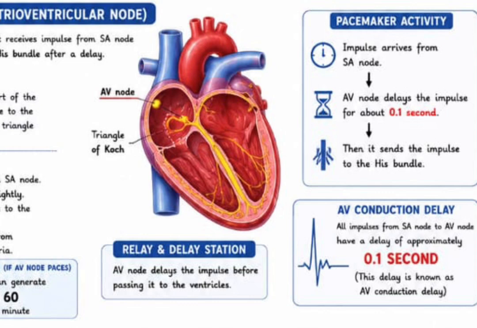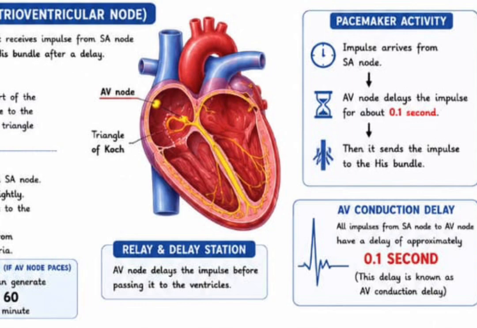So that 0.1 second is called AV nodal delay, which prevents the ventricle from contracting when the atrium is contracting. That delaying gives the atrium time to contract for the ventricle to not contract. So all impulses from the SA node to the AV node have a delay of 0.1 seconds, which we call the AV nodal delay.